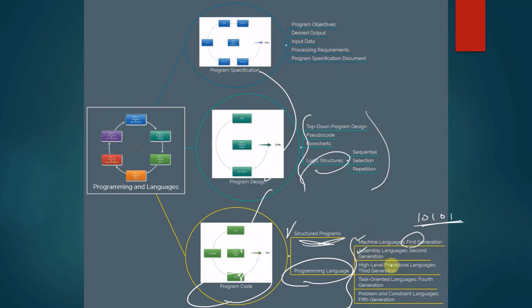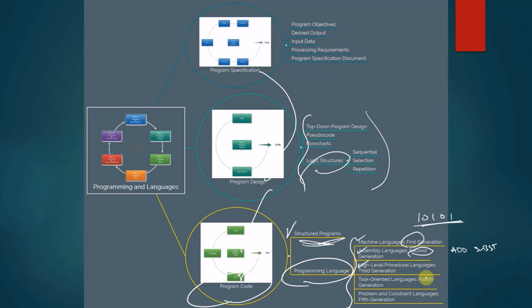So therefore we created assembly languages, which are also known as second generation languages, and these assembly languages use abbreviations like add, maybe subtract, or other mnemonics that are automatically converted to the appropriate sequences of ones and zeros.